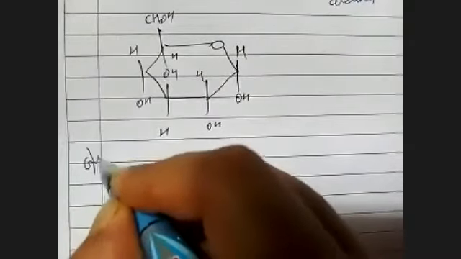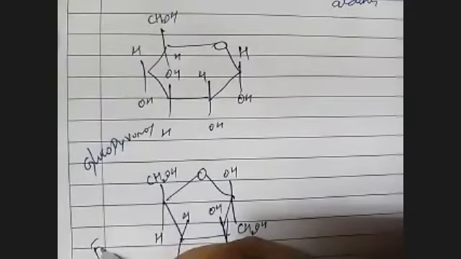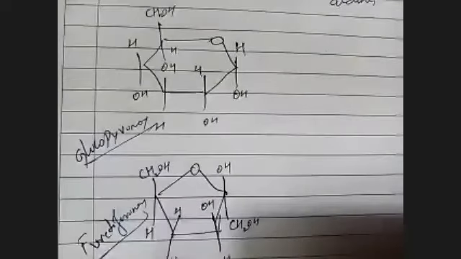I'll write here, glucopyranose. This is fructofuranose. Glucopyranose combined with fructofuranose becomes like this.